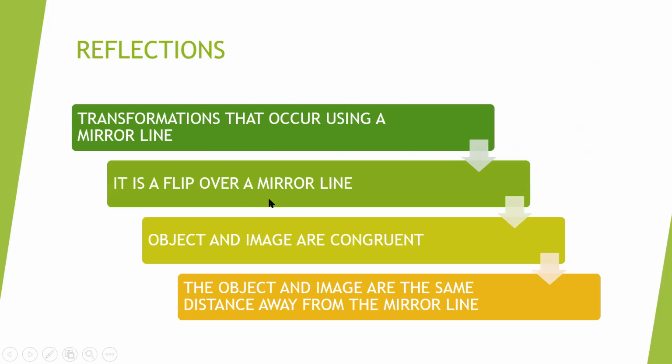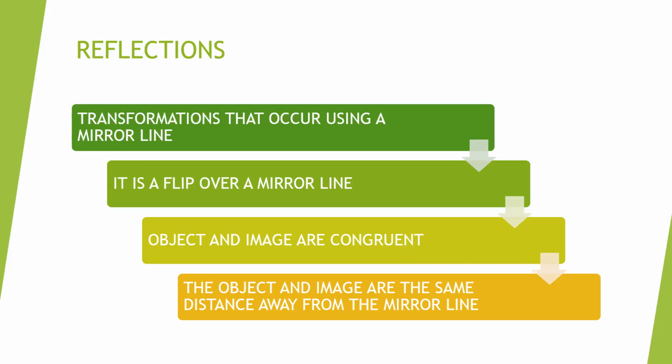All right, so quick revision again. Reflections are transformations that occur using a mirror line. They flip over the mirror line. So it is a flip over a mirror line. The object and the image are congruent, meaning that the object and the image are going to look exactly the same. The object will not be small and then the image end up being large, or one of them a regular size shape and the other one looks squeezed.